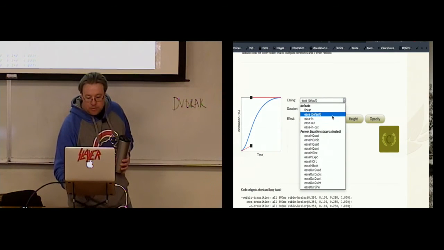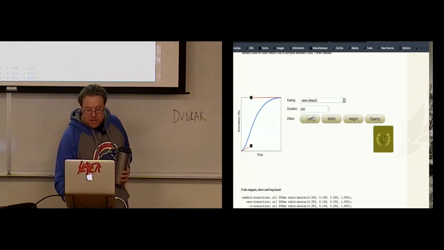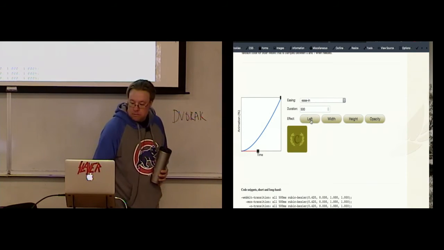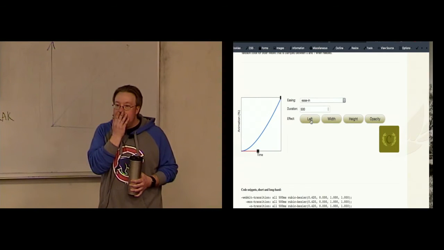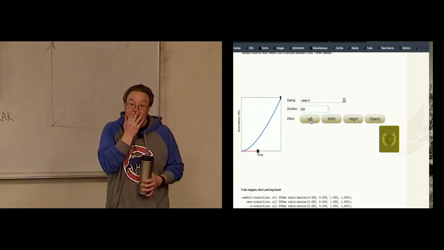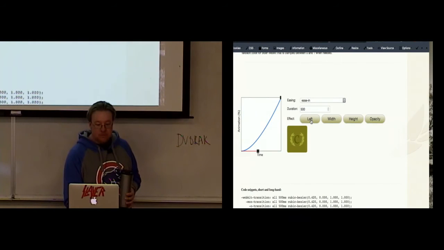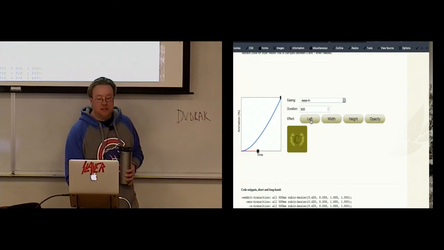Let's look at another one. Okay, so here's just our standard ease. What if we do ease in? Does the box weigh more or less now? More. Seems like it's got a forceful ending. Yeah, it hits a wall pretty hard, doesn't it?